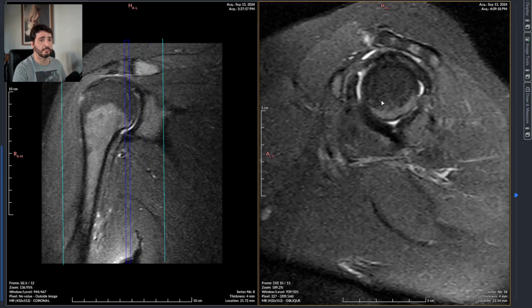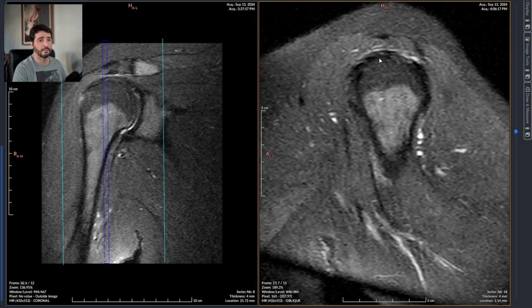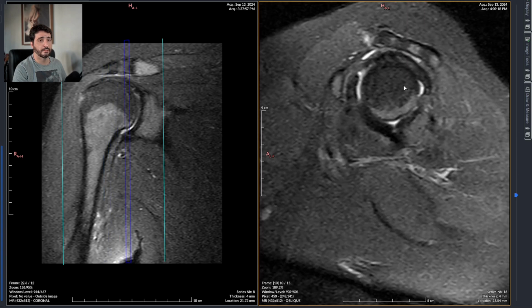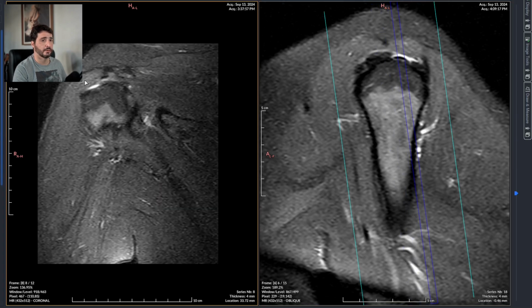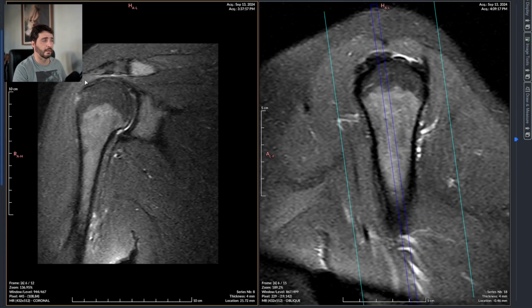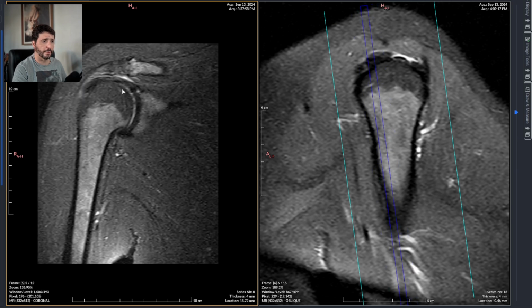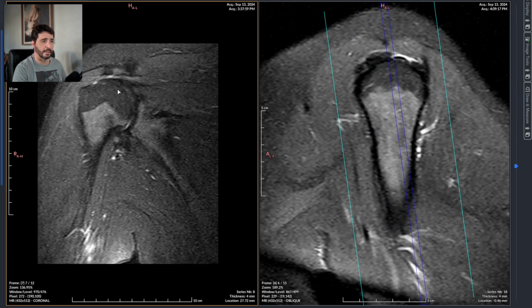Also very much common, we have an altered supraspinatus tendon right there and right there. So this tendon is blurred, is heterogeneous, and has a slight hyperintense signal compared to the other tendons right there.